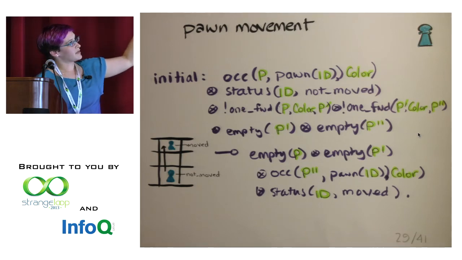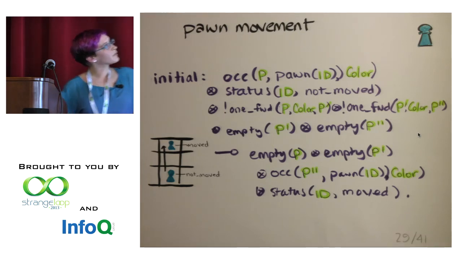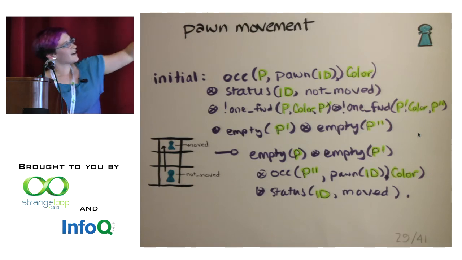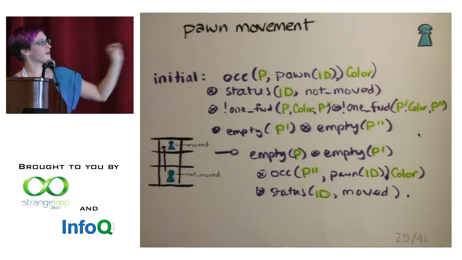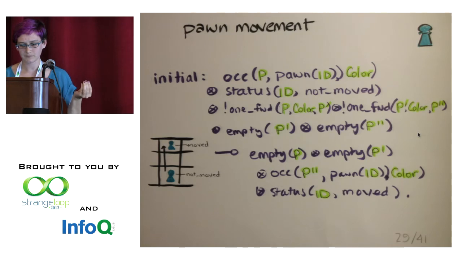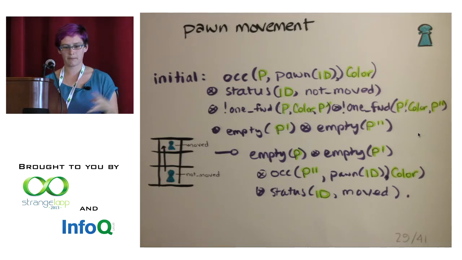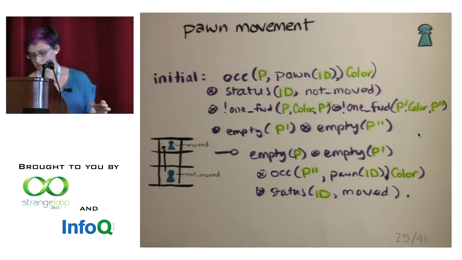And then in that case, we can go 1 forward to get P prime, and 1 forward from P prime to get P double prime, check that both of them are empty, and finally set up the state so that it's now there and its status has been set to moved. So this is just to illustrate that we don't necessarily need to group all of the properties of a pawn as one predicate talking about everything. There are little pieces of the state and they each get represented by their own predicate.